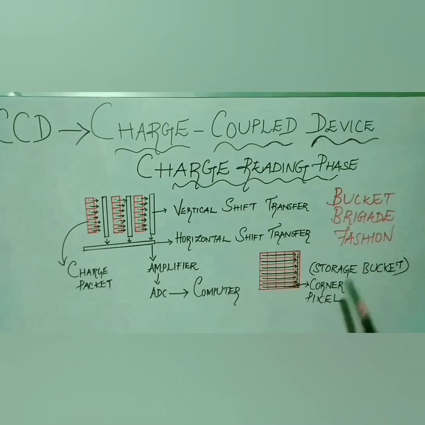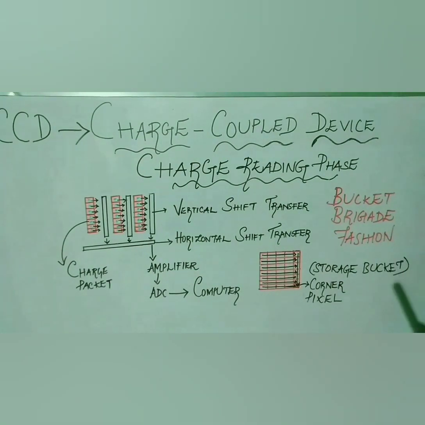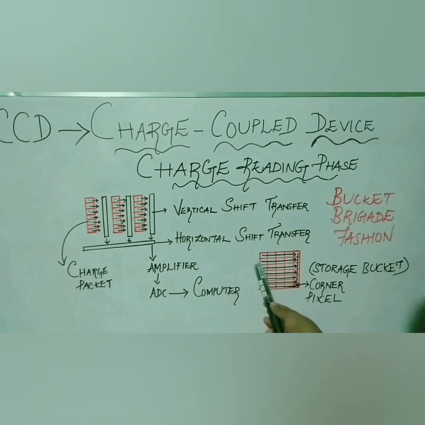What is bucket brigade fashion? Charge reading phase in a CCD is similar to that of a water storage mechanism. That's why it is called bucket brigade fashion. In bucket brigade fashion, each bucket is acting as an individual pixel with certain amount of water in it. Here, water is charge packet and bucket is pixel.